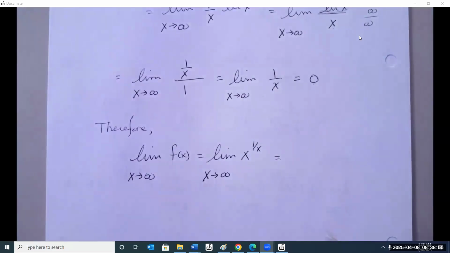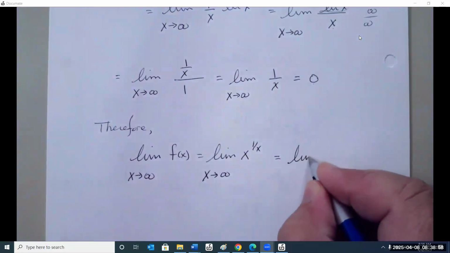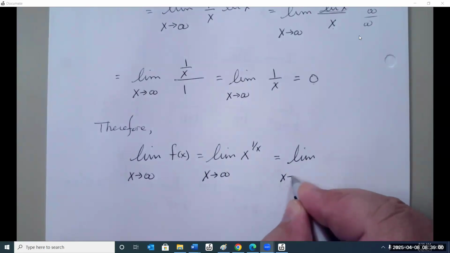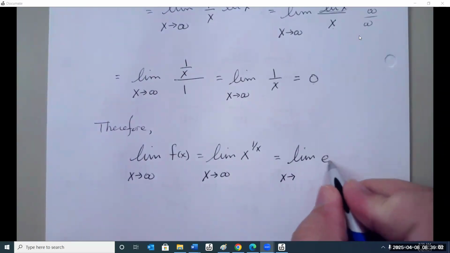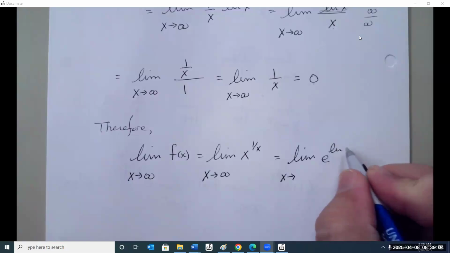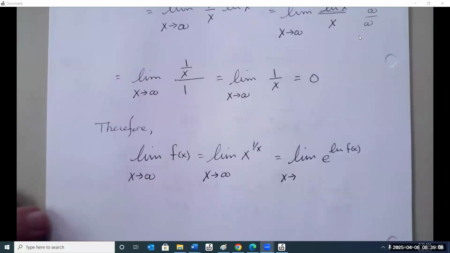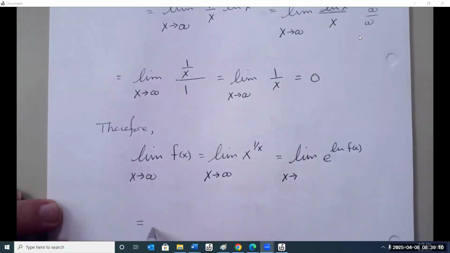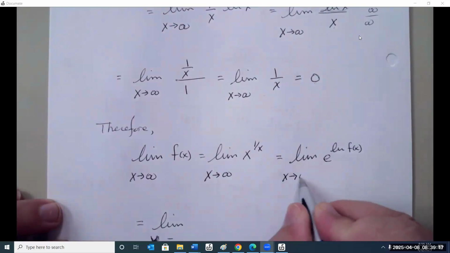So we have the limit of e to the ln f of x, which becomes e as x goes to infinity.